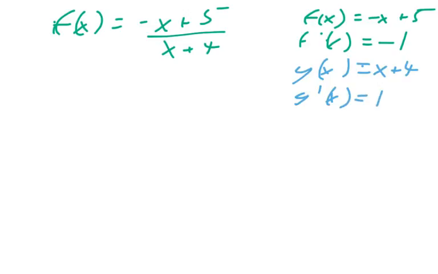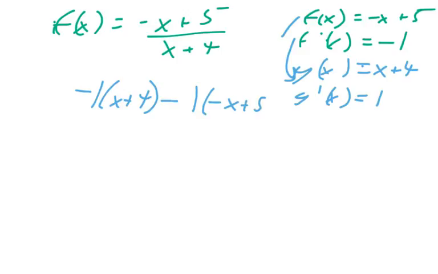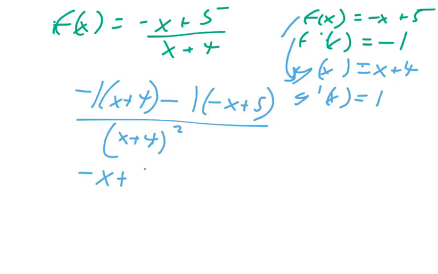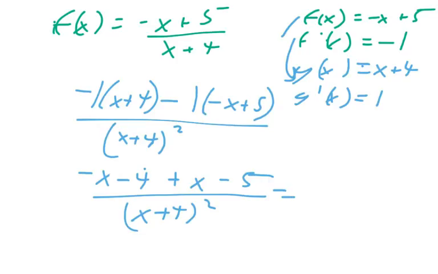So I have negative 1 times x plus 4 minus 1 times negative x plus 5, over x plus 4 squared. So negative x minus 4 plus x minus 5 over x plus 4 squared. The x's cancel, and we get negative 9 over x plus 4 squared.